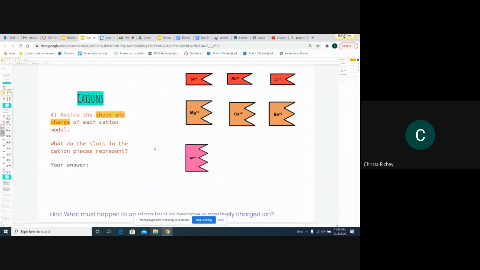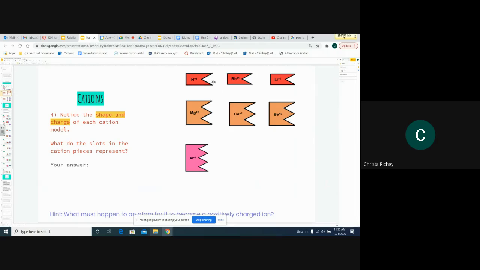So what did I just say that the slots with the pieces represent? The hole. What do each one of these generally represent? The motion of a what? What have we been moving when we drew Lewis dot diagrams? Electrons.